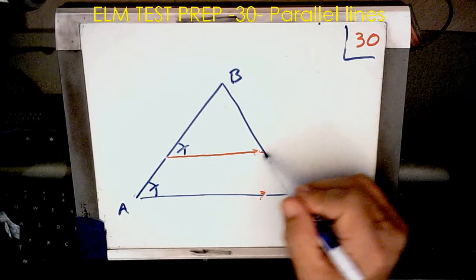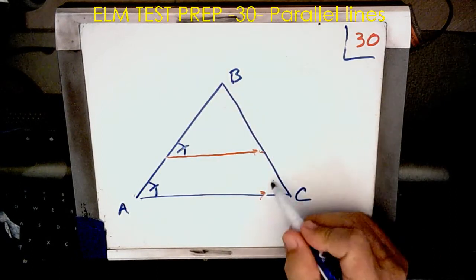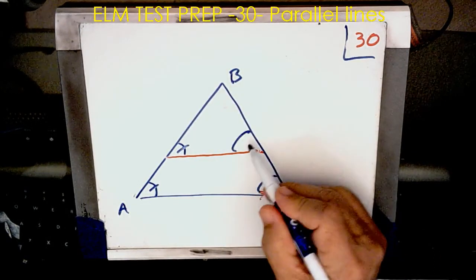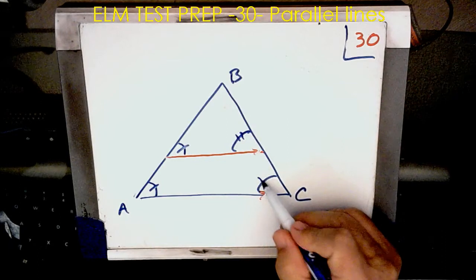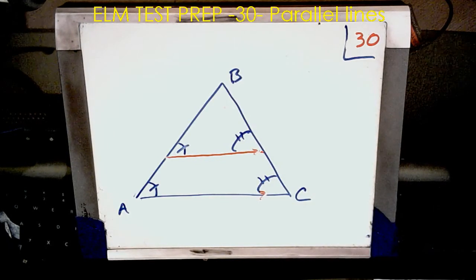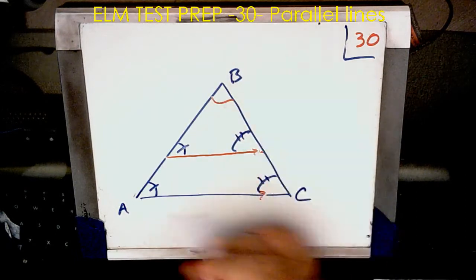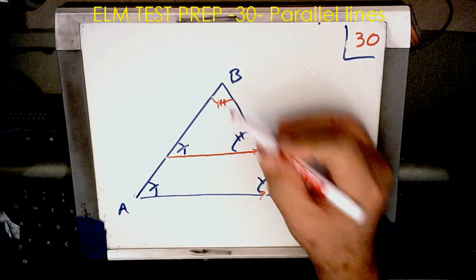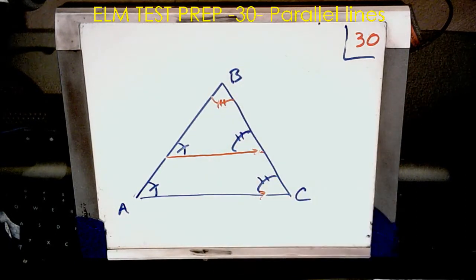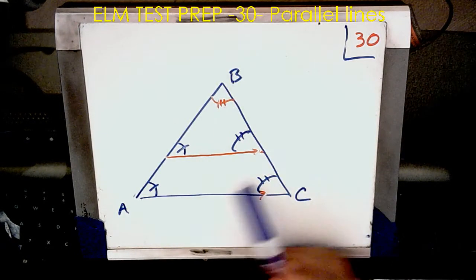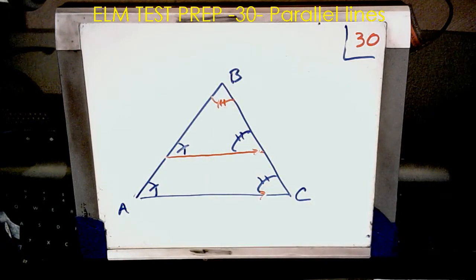Well, we also have parallel lines with the transversal here, so this angle and this angle are in corresponding positions relative to the transversal. And then, of course, this angle up here, both triangles use that same angle, so it's equal to itself.